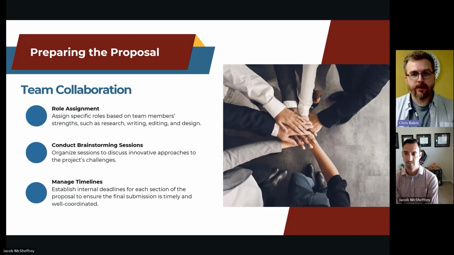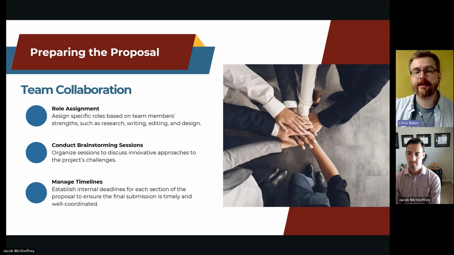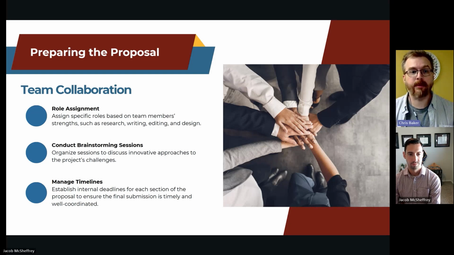You want to have internal deadlines, whether they're the same day or staggered, however that looks, because those sections are going to go into what is the final product, and the cost as well, right? So you have that final deadline where everything has to be submitted, but with so many moving parts in any given response, it does not hurt to have an individual deadline for each section that people are working on.